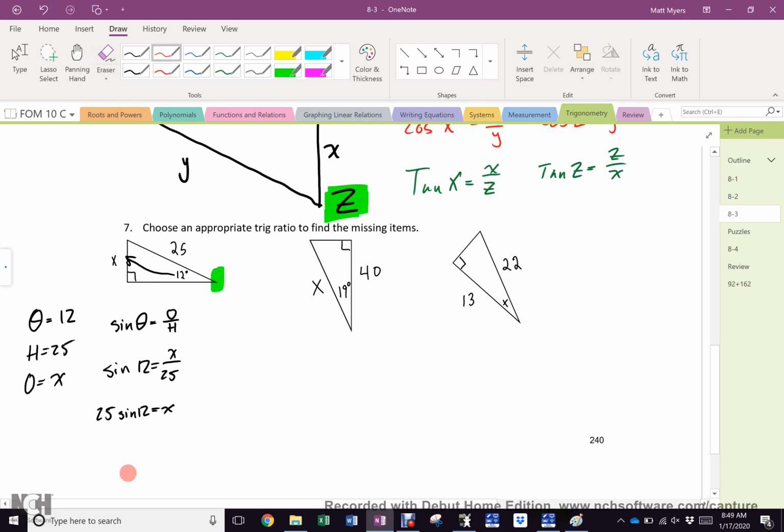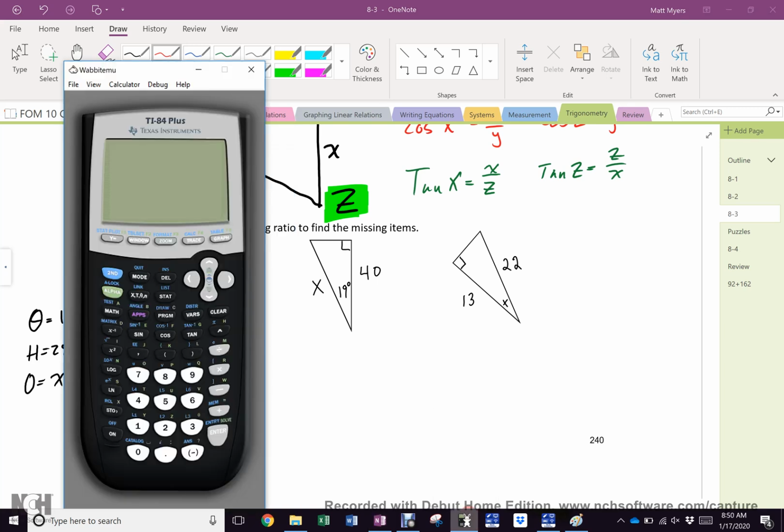Everybody get an answer on your calculator right now. Practice it now, so you are not asking me how I do this, especially if you were not here yesterday. 4.19? 5.19. That is correct.